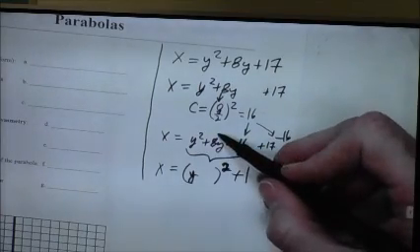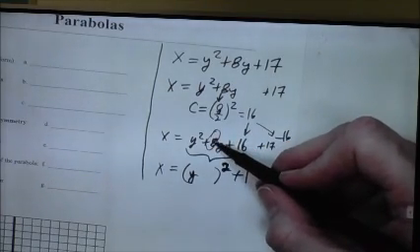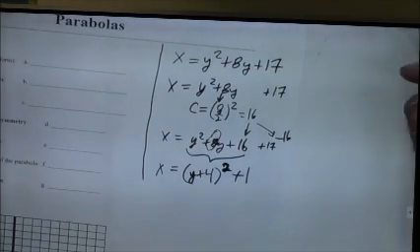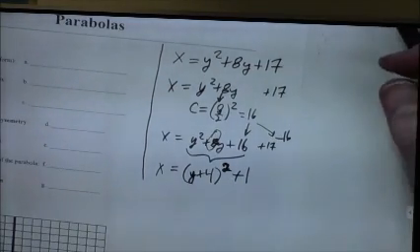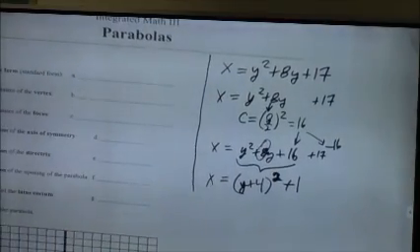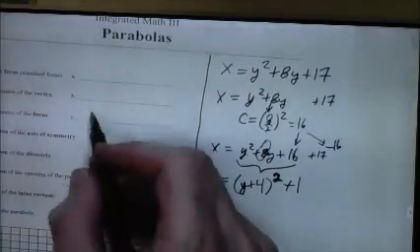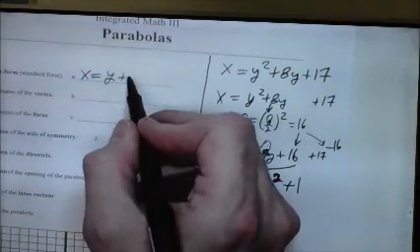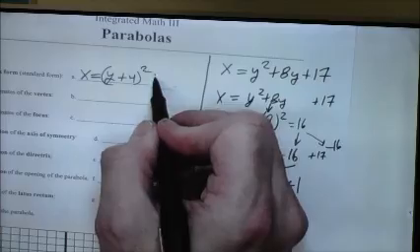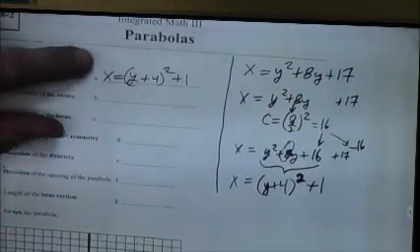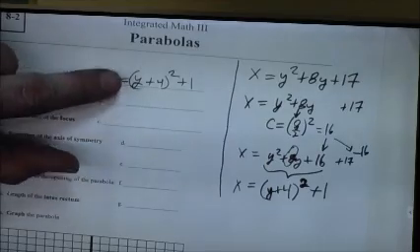If you did that right, what you did is you just simply took that 8 and divided by 2. X equals y plus 4 squared plus 1. So notice as you're writing it that there's no coefficient out in front.